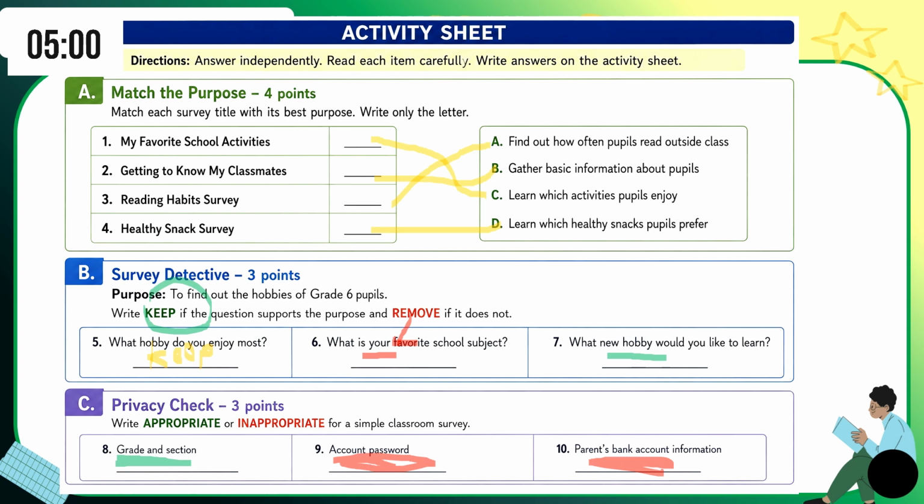Okay, so a classroom survey should collect only information that is necessary and safe to share. Grading sections are normal school information, but the password and the bank account details are private and should never be requested in a simple classroom survey. Okay, so key idea on these activities: a good survey has a clear purpose, asks relevant questions, and protects the respondents' privacy.